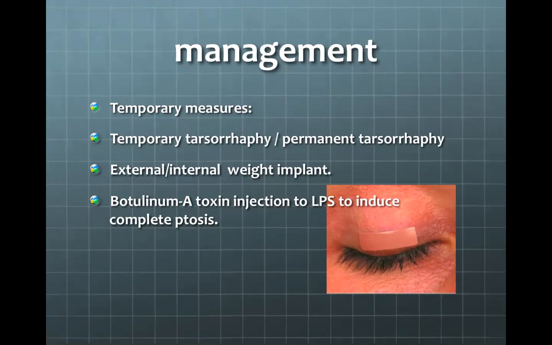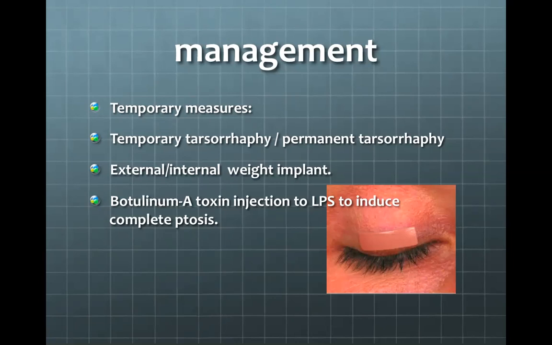You inject this in the superior orbit, like when you are giving peribulbar injections. You go 12 millimeters into the superior orbit and inject the Botox there.